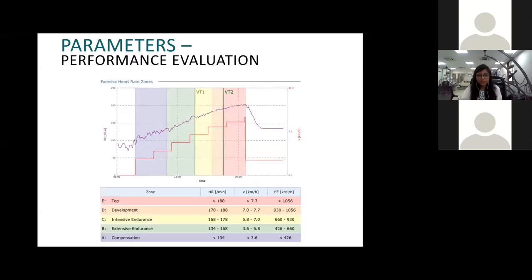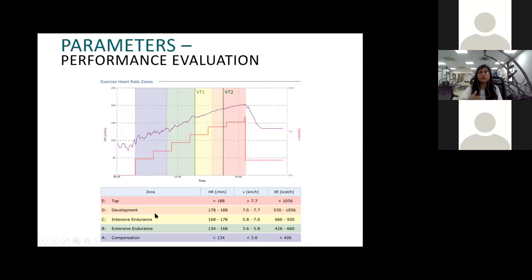It also gives us heart rate zone values. As you all will be aware, the heart rate zones are divided into 5: blue, green, yellow, orange, and red. For endurance training, or to push a person's lactate threshold later, the training is usually given in the C and D zones.